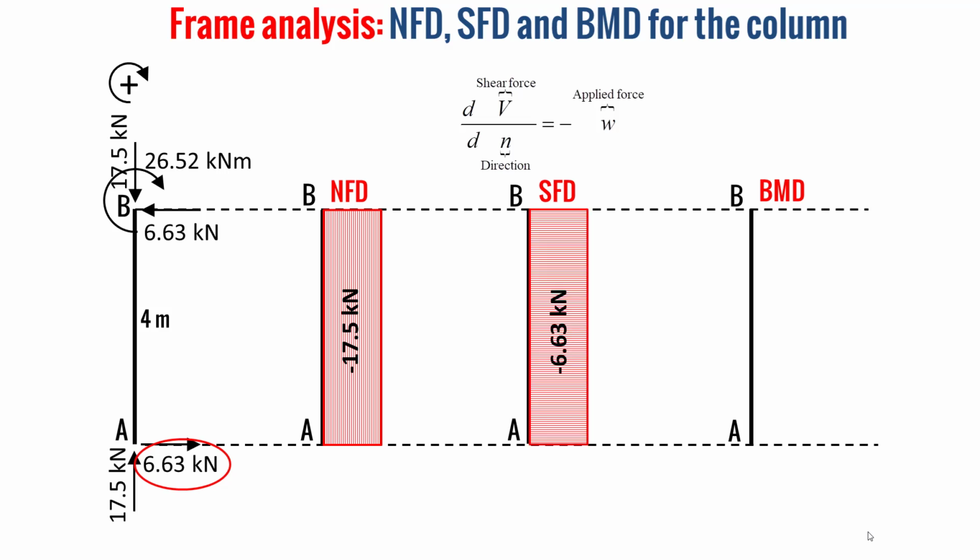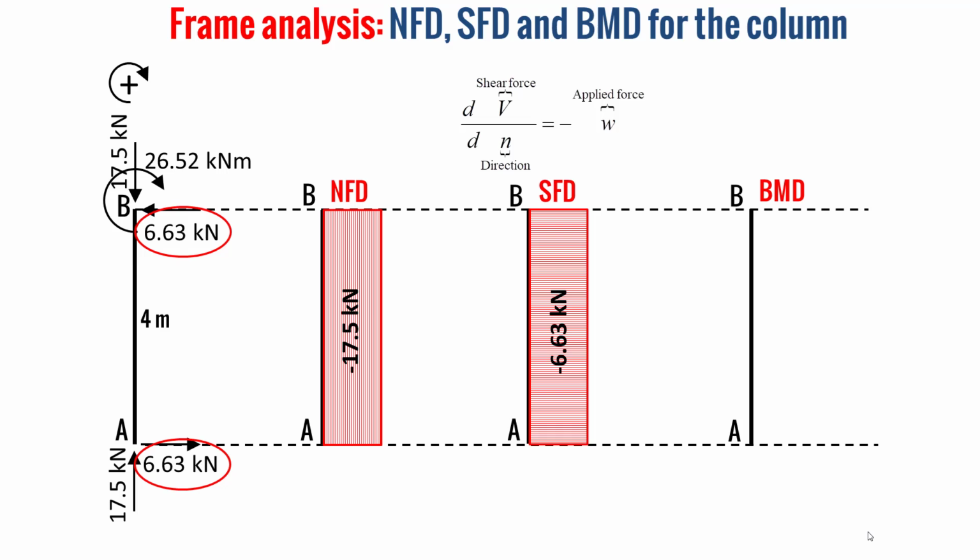So the shear force diagram will be minus 6.63 kilonewton over the column. And at the point B, since we have a shear force of the same magnitude, 6.63 kilonewton and applied in the opposite direction, the shear force will drastically decrease to 0 kilonewton.